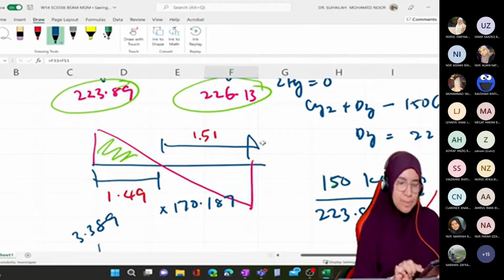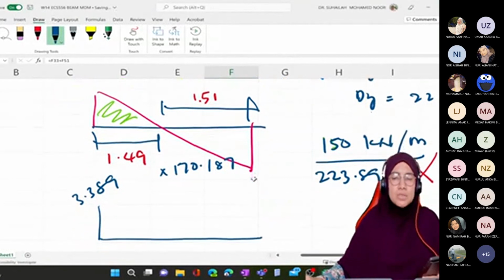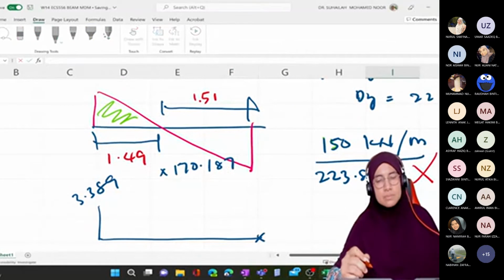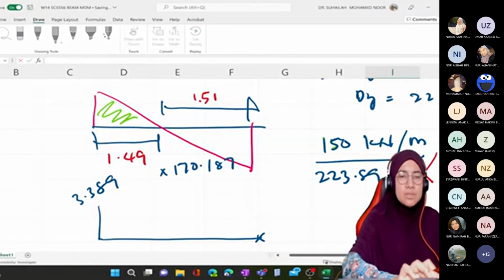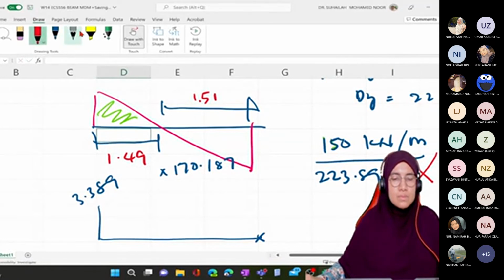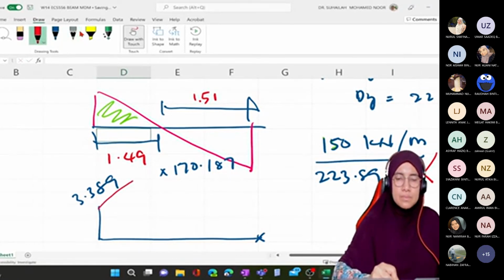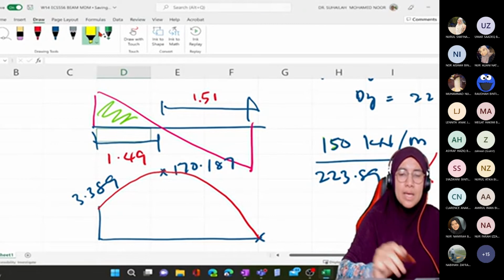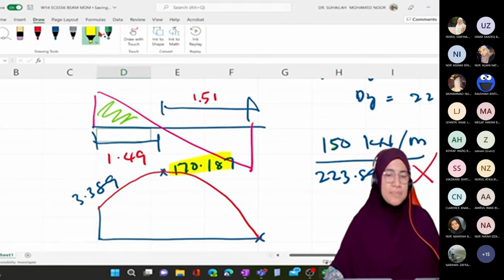226.13. Okay, so we get 0. So maximum moment is 170.187.